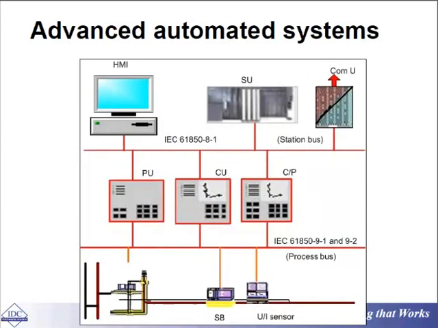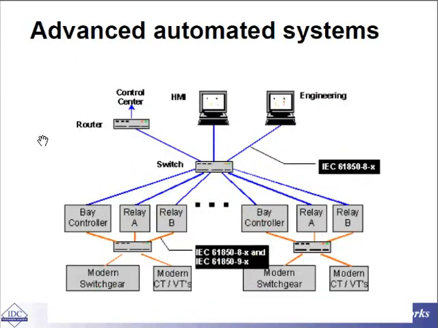As an example, again, you can have a look at this. For example, a circuit where at the process level you have the switching devices, you have the field devices, and then by means of a number of layers of IEC 61850 at different levels, at the process level, at the substation level, at the control level. They are not the same, right? The different levels. You can put a number of IEDs, for example, like PU or protection unit or CU control unit, just to get all of them connected together and then link them all to the HMI.